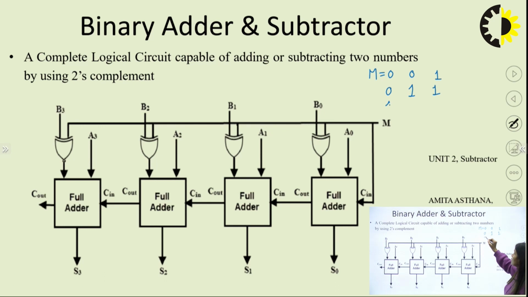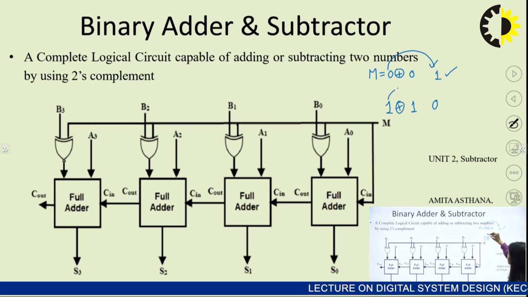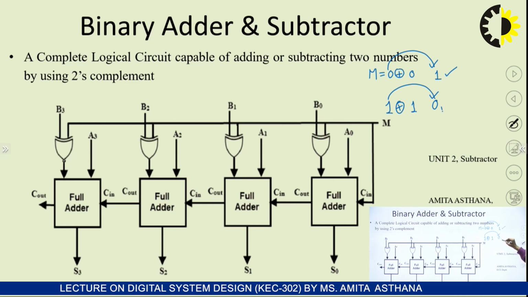If it is 1 and 1, then XOR of this is 0, right? So we have one point very clear in our mind. If we do XOR of m with 0, it stays 0, and if I do XOR of m with 1, it stays 1.